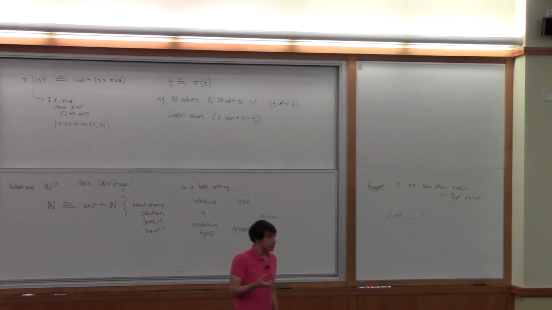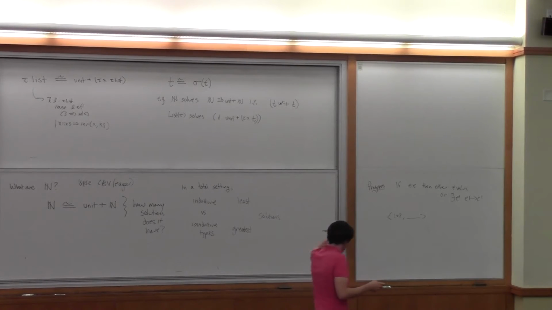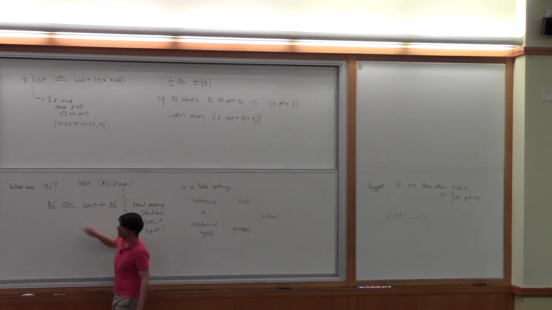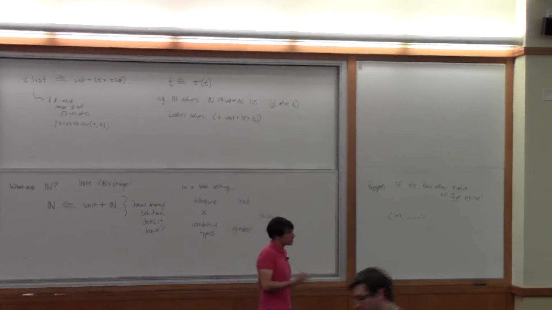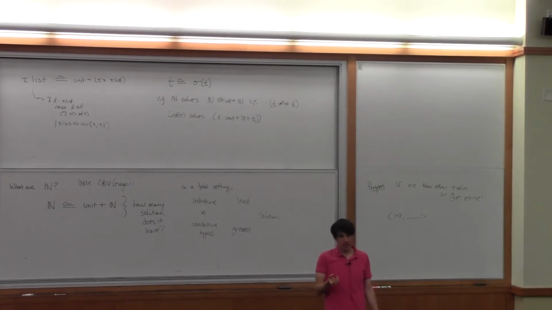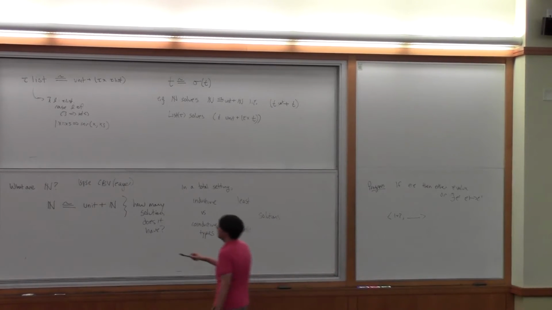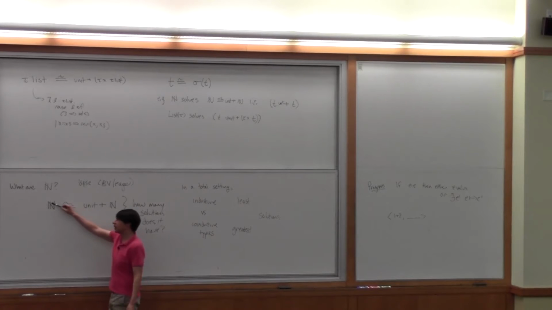To solve this equation means that it has the function we wrote coming from this, right? What did the function that we wrote in this way do? It selected 0 and successor, right? The function from unit plus n to n picks out 0 and successor. Okay?